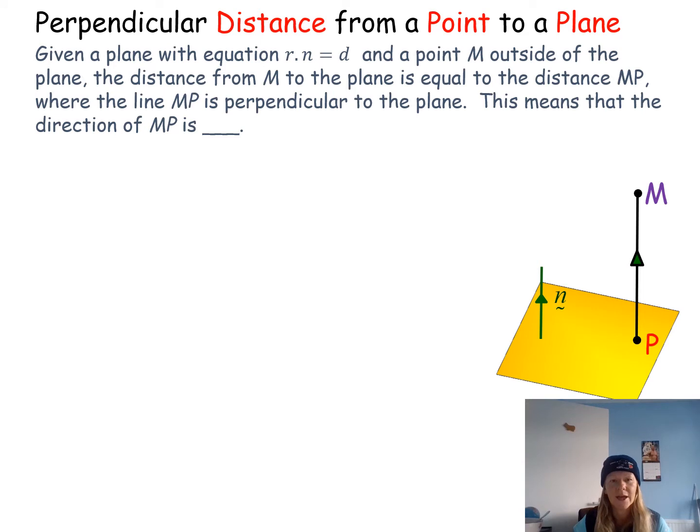So given a plane with equation r dot n equals a dot n, and a point M outside of the plane, the distance from M to the plane is equal to the distance MP. Makes sense? Where the line MP is perpendicular to the plane, so it meets it at 90 degrees.